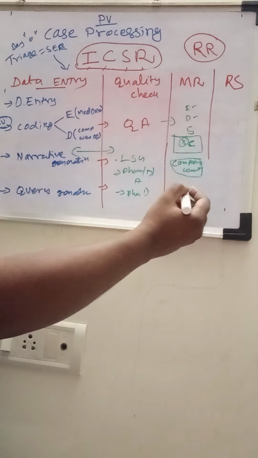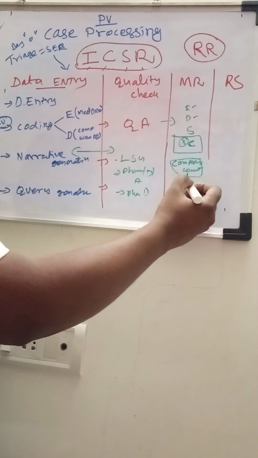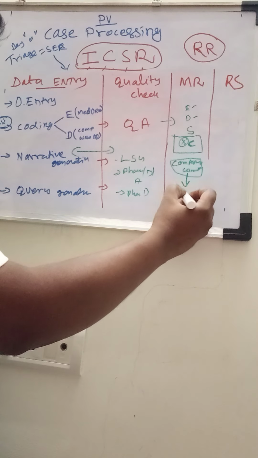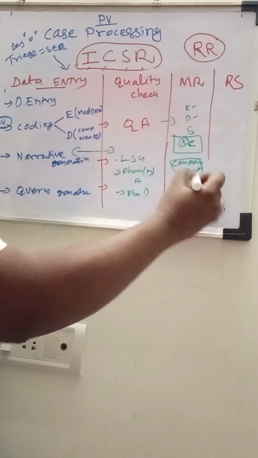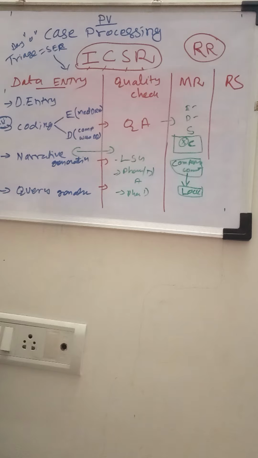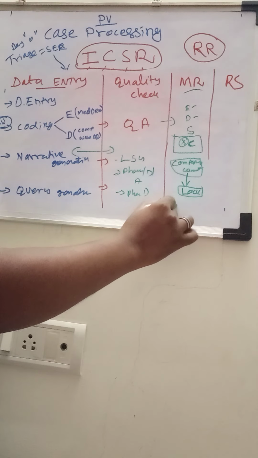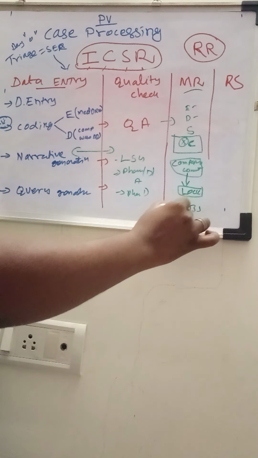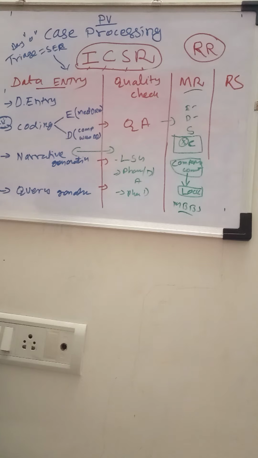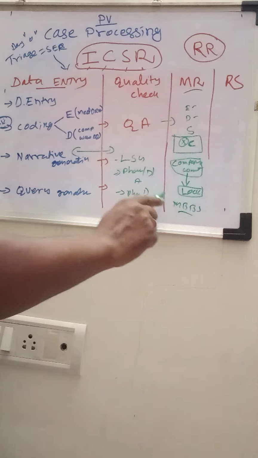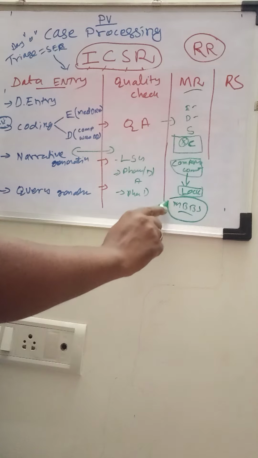And finally, once this is done, they will log the cases. They will log the particular case for a regulatory submission. Usually the qualification here should be a medically qualified person, MBBS, Bachelor of Medicine, Bachelor of Science, or above. So every activity finally ends with a qualified medical person.